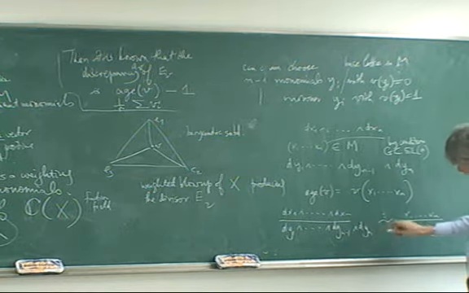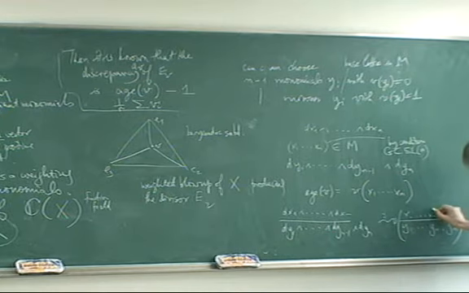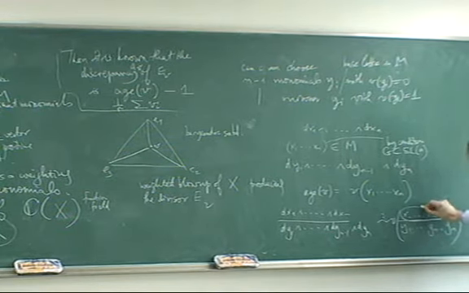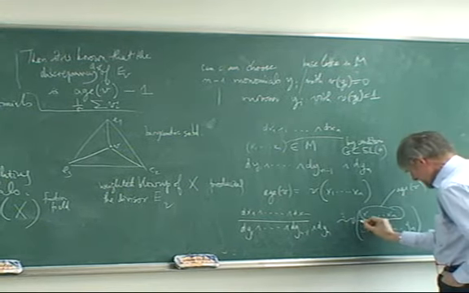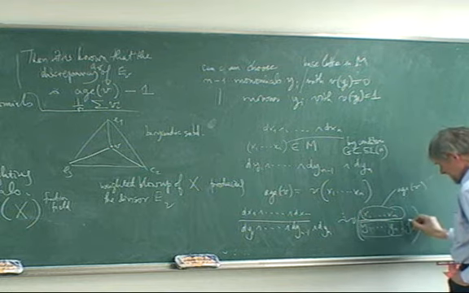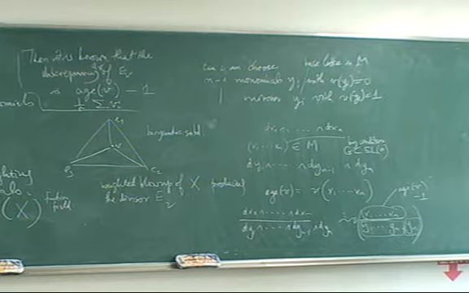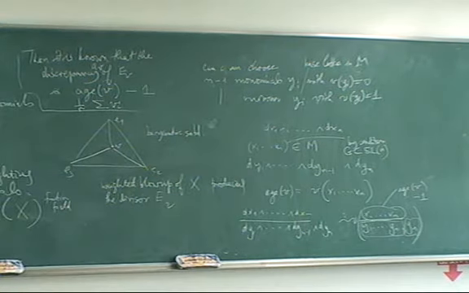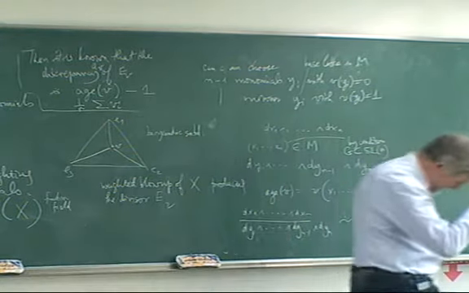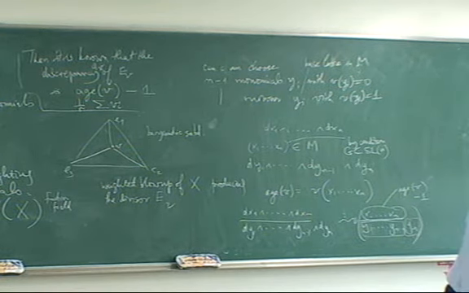The point is that if I calculate the valuation of this, it is the age of V, and the valuation of the y_1 up to y_(n-1) part is all 0, and the valuation of y_n is 1. So anyway, this is a rough sketch. It's not difficult to turn it into a proper proof. All of this stuff is in some form or another in my young person's guide. Okay.